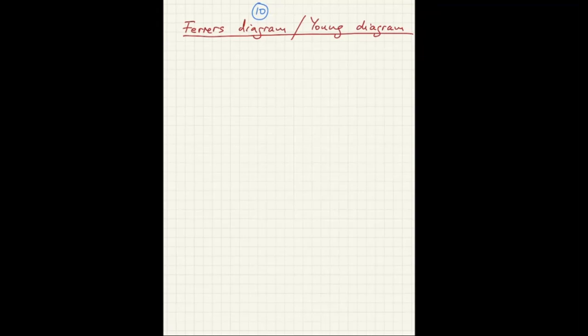And this is a pictorial way of representing a partition of a natural number. So before, we had 7 equals 4 plus 3.